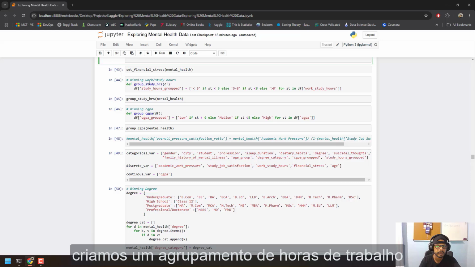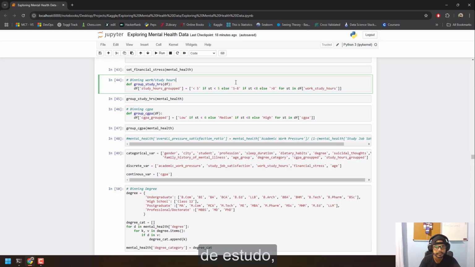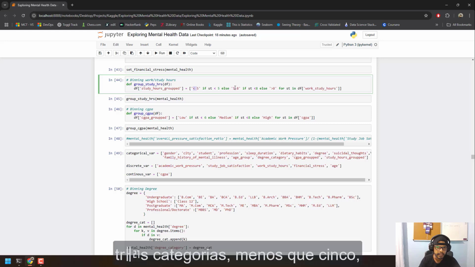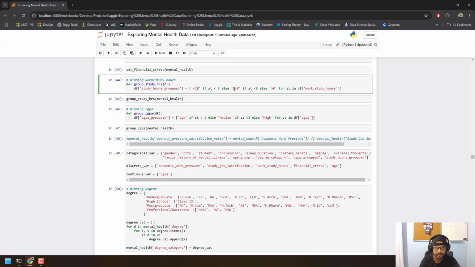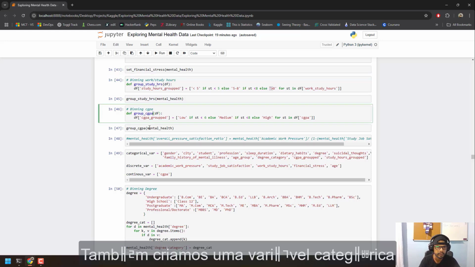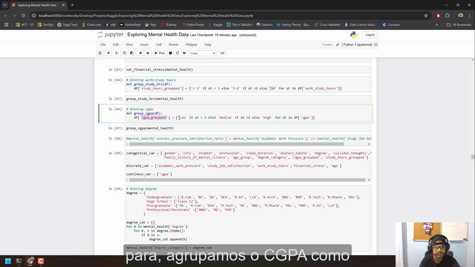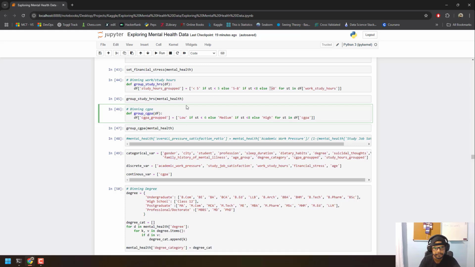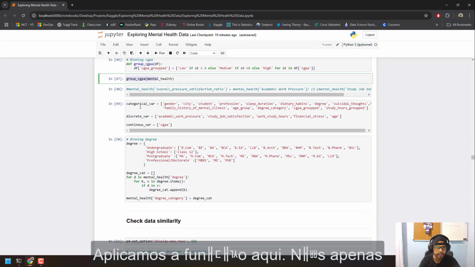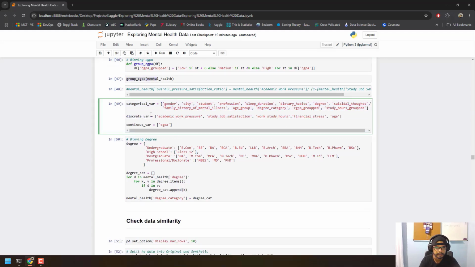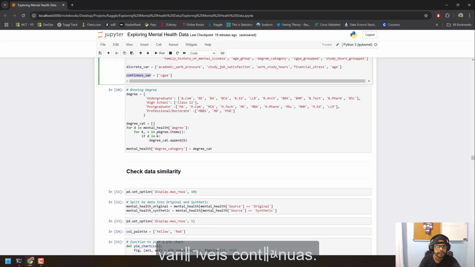We created a work study hours grouped variable with three categories: less than 5, 5 to 8, greater than 8. We also created a categorical variable where we group the CGPA as well: low, medium, and high. We apply the function. Then we created a list with the categorical variables, discrete variables, and continuous variables.